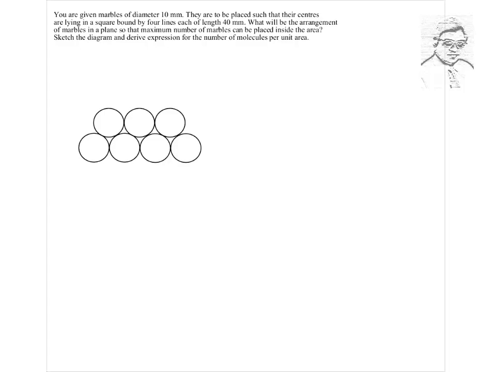Now we have length 40, 10 plus 10 plus 10 is 30. Okay, so that means I can have one here also, and I can have one here also.